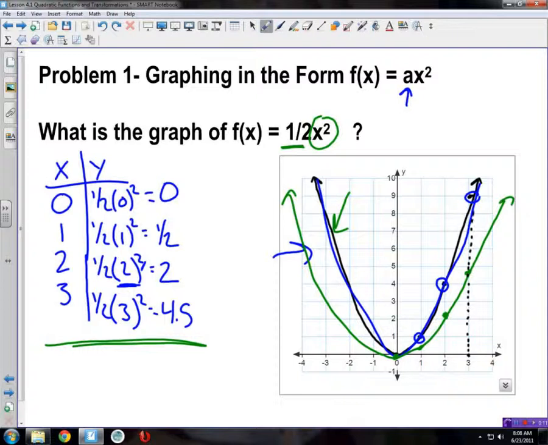At 3, it used to be 9 tall. Now it's only 4.5. So I cut it in half. I cut 2 in half. So basically this a value is in charge of either compressing the graph down, making it shorter, or if the a value was larger, a big number, it would stretch it up. So you can think about it as being shortening or compression, or stretching.